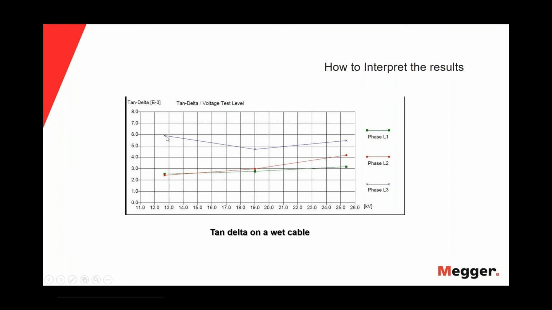What happened in phase L3 is that we have some water, and when we put some current in the cable during the tan delta test, some of that water dried out, and for this reason we start to get lower values for the tan delta. Okay.